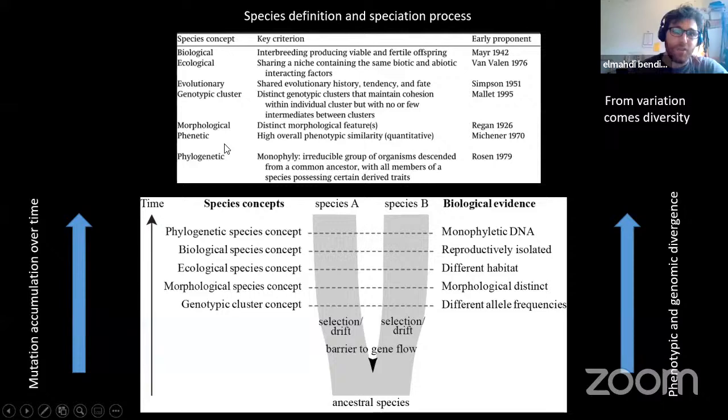So linking the biological concept with the morphological concept is something that had been very trivial, as you can see here, especially when we use DNA to accompany, to refine those concepts. We can go into the concept of evolutionary species, or the concept of or the phylogenetic concept.